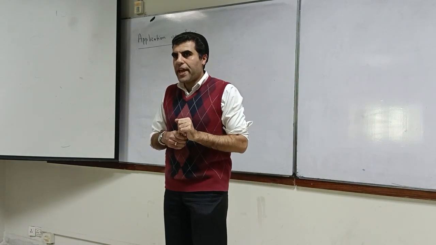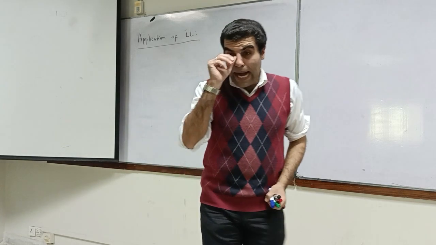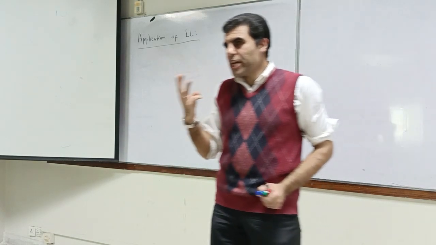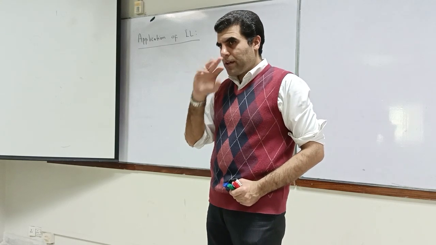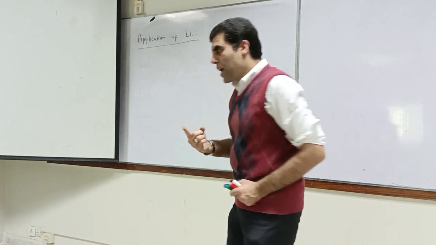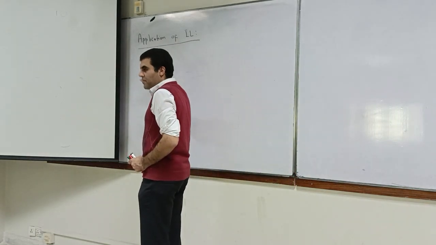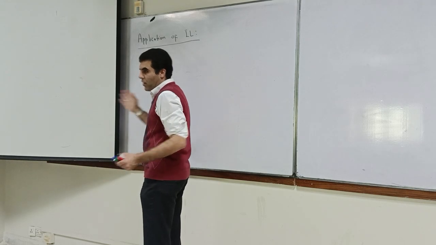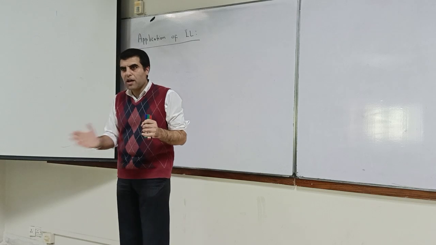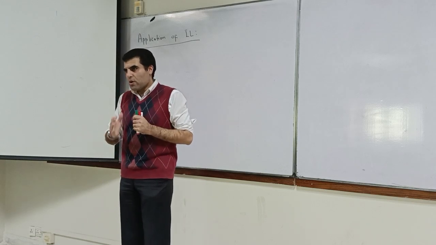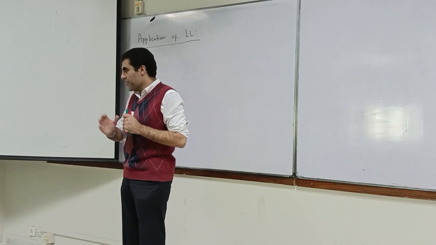Applications of influence line. Now as I told you, essentially we have 3 applications of influence line. The first one is that in whatever we have done so far, if you have any member which is subject to a moving load, you are able to find out the moments at your point of interest.